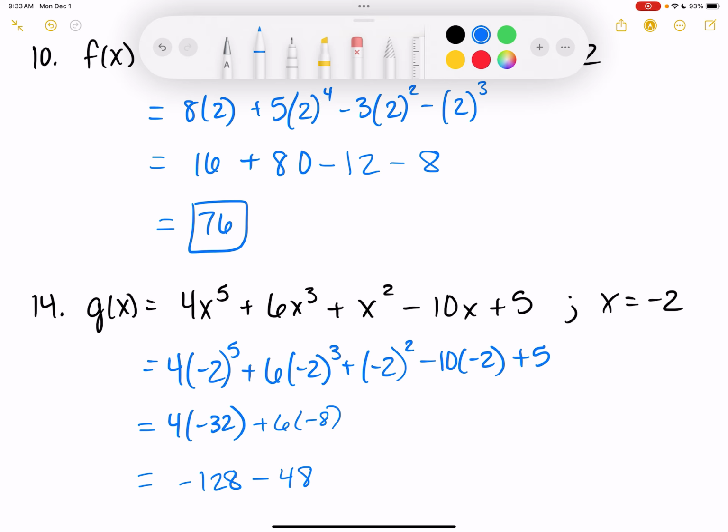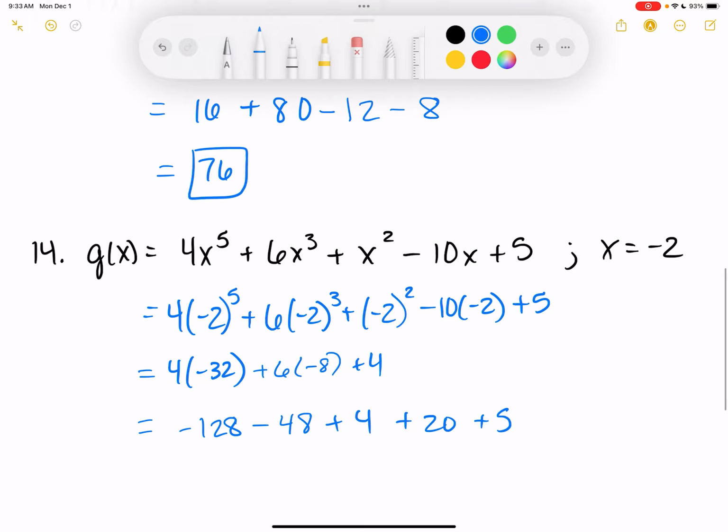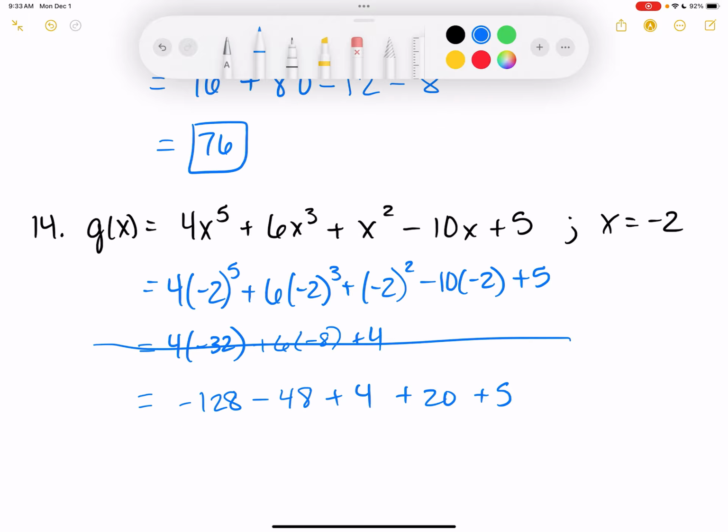Essentially I'm just doing the intermediate steps here that I don't really need to show. Plus 4, plus 25. I'm just going to go straight down here. So I essentially didn't need to do that middle step. I was just writing it so we could see the stuff happening.